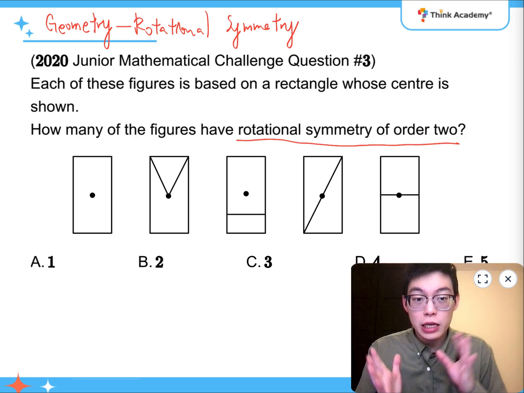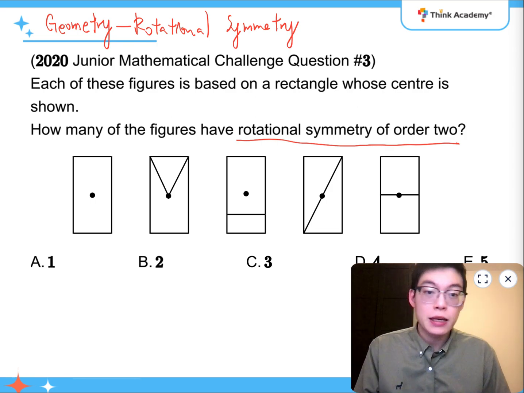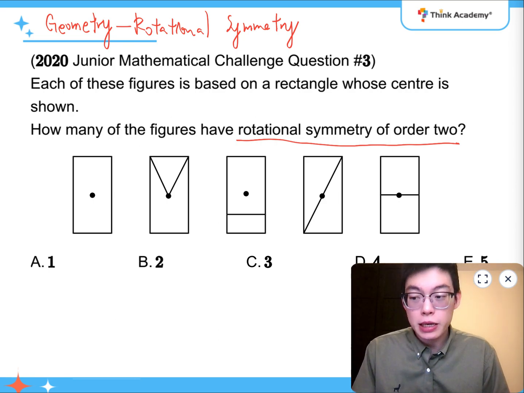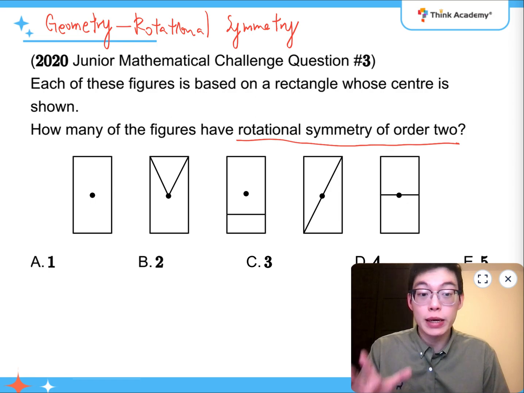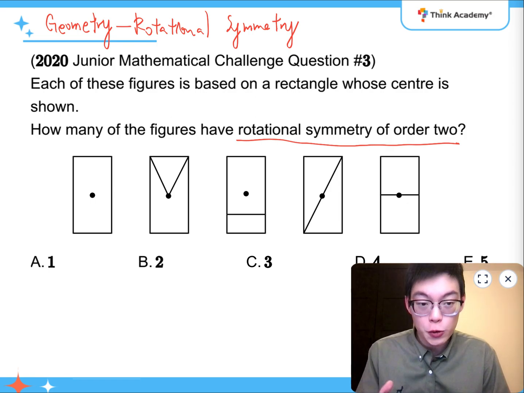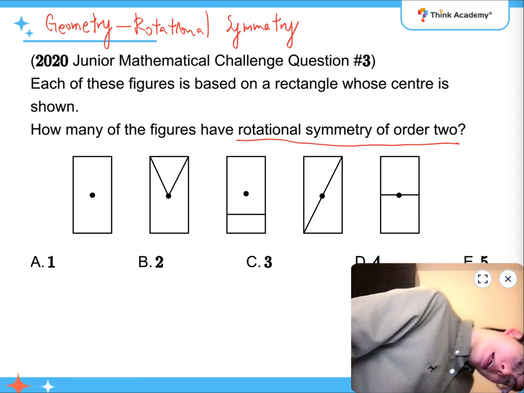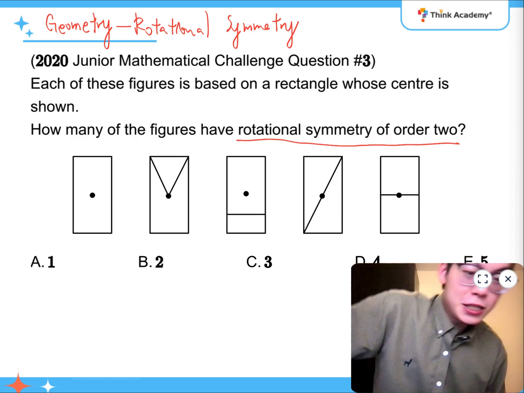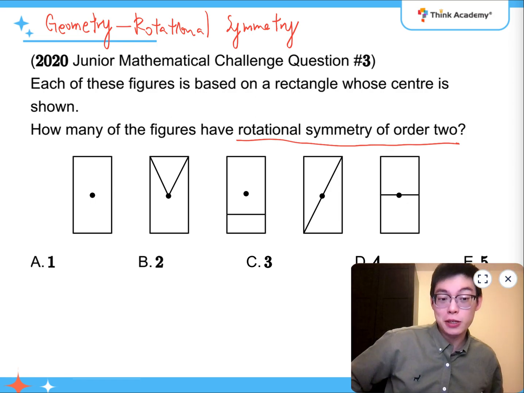So in order to know this answer, if any shape has a rotational symmetry of order 2, it means that it should look the same after doing a half turn and after doing a full turn, right? So all you need to do is just to turn your head around like that for 180 degrees. So turn your head upside down, or turn the paper upside down, of course.